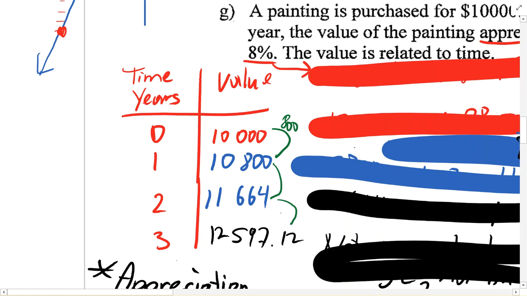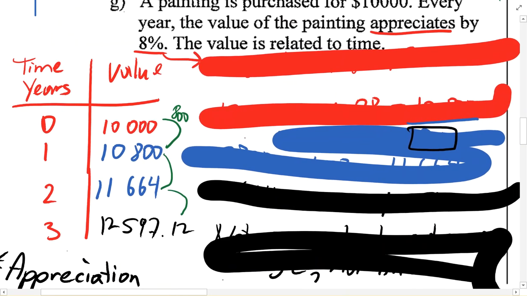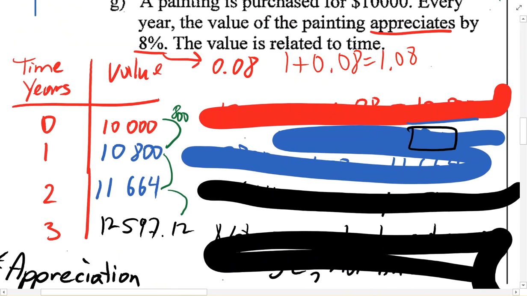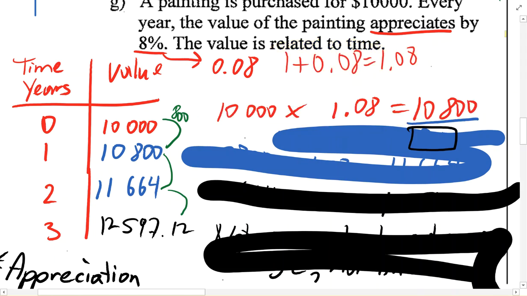Okay, so let's have a look here at the math. You guys got the chart copied down? Okay, so 8%, just to let you know, 8% basically means that at the end of the year, the painting's worth 108%, right? It's worth the increase plus what it started with, the full amount. So for year 1, it'd be 10,000 times 1.08.